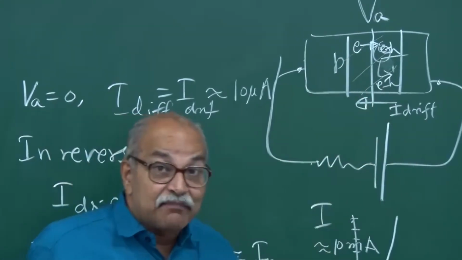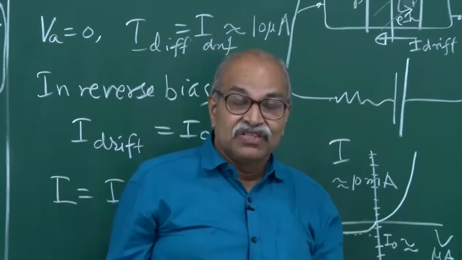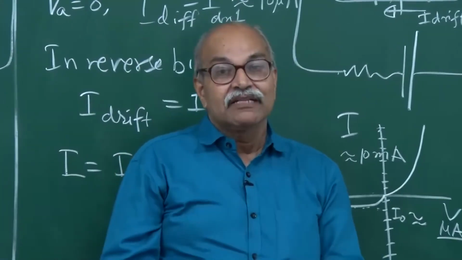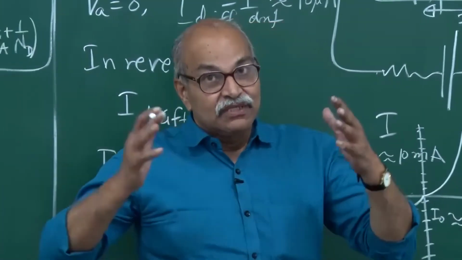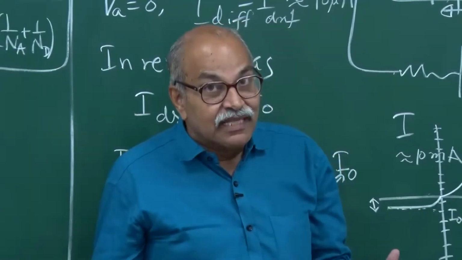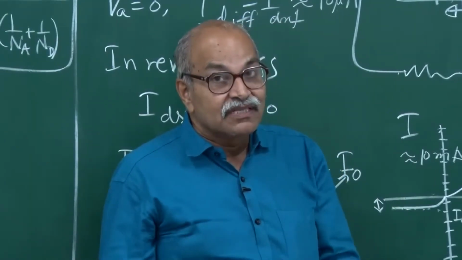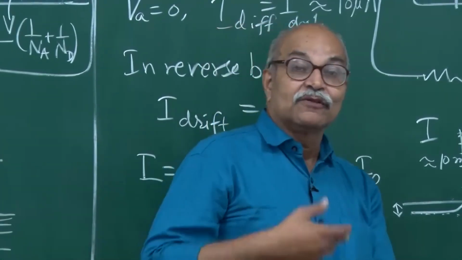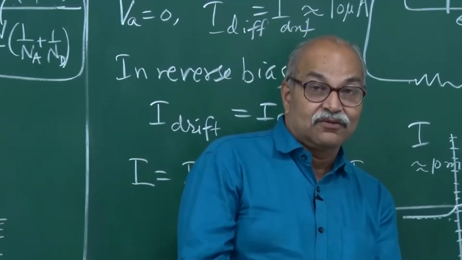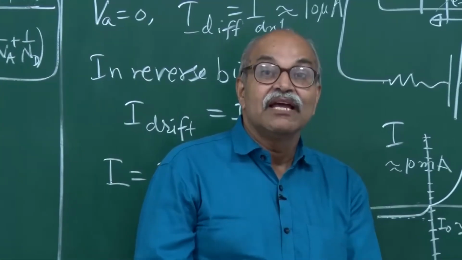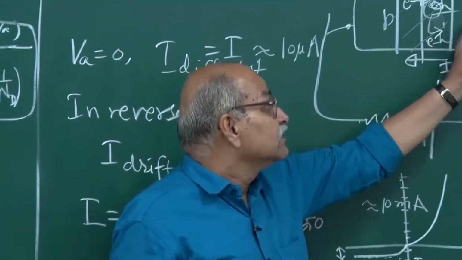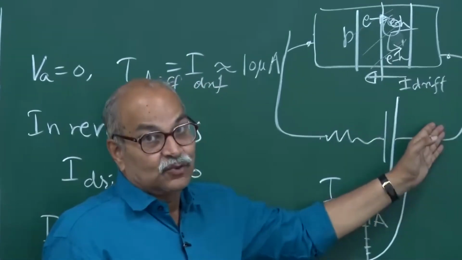If that happens, it's called avalanche. If you apply so much electric field and the depletion region becomes so wide that the electrons can create new electron-hole pairs, and those can also create new electron-hole pairs, etc., then you will have a large current in this reverse bias condition also.